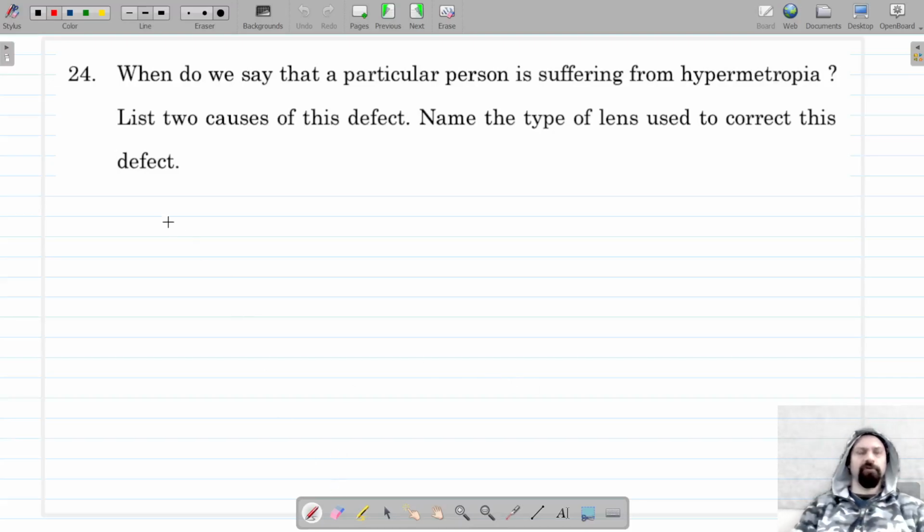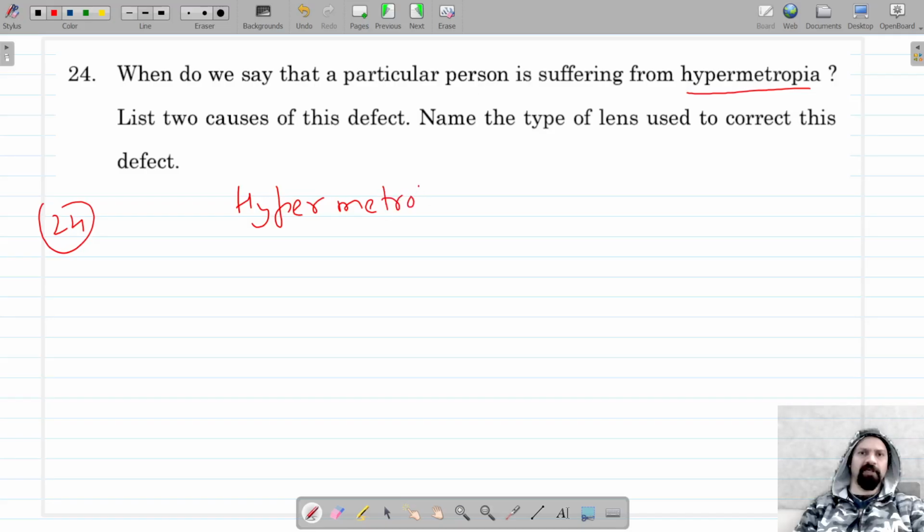Okay, for question number 24, it's asked, when do we say that a particular person is suffering from hypermetropia? So for this question, hypermetropia means farsightedness, and farsightedness means that he is not able to see the nearby objects clearly, distinctly, but can see the far away objects clearly.